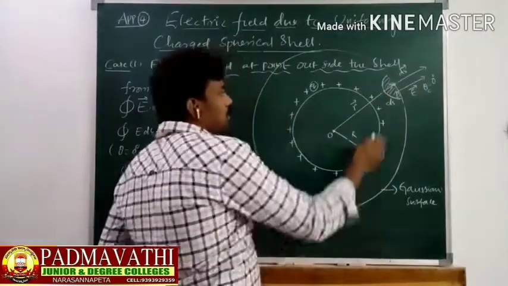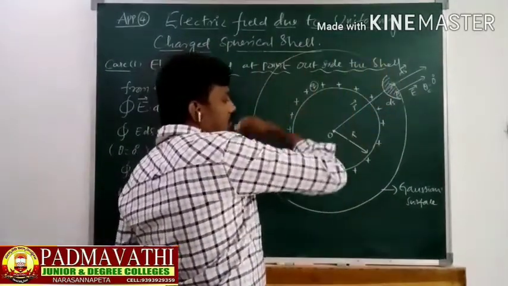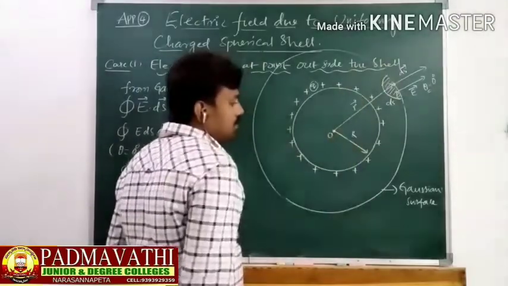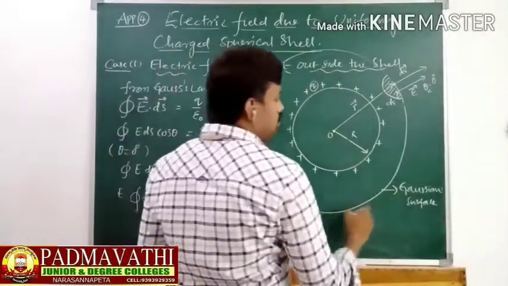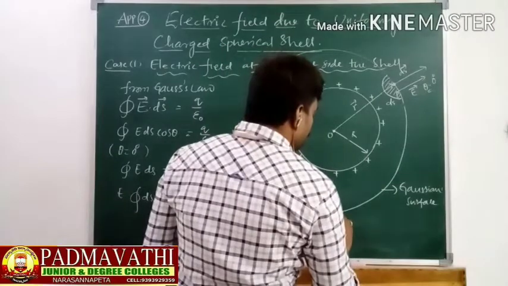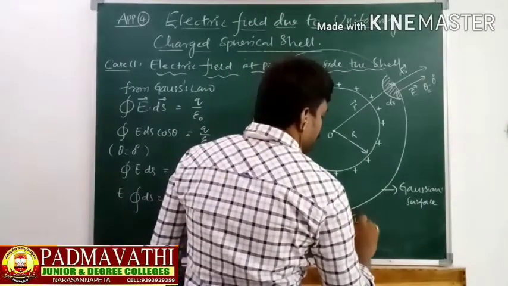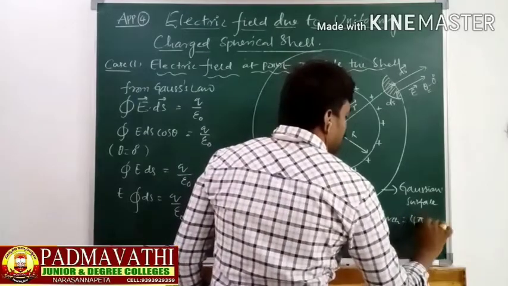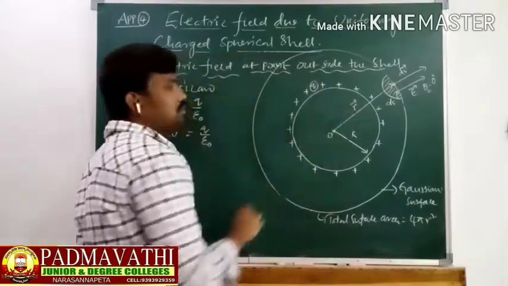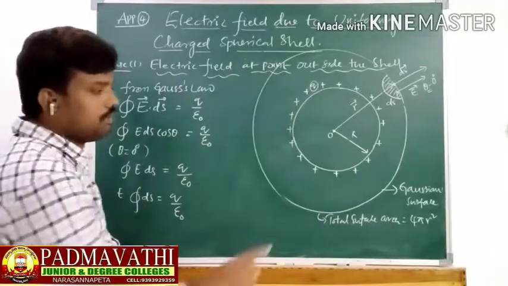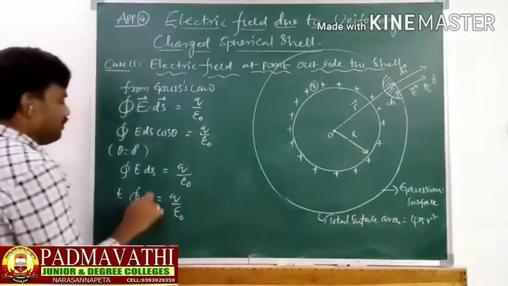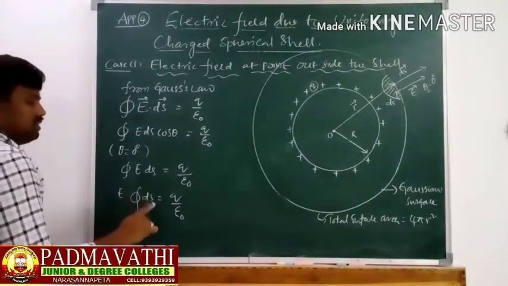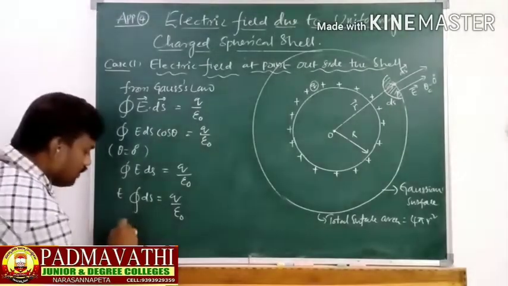If you want to denote the total surface area of the Gaussian sphere, the total surface area will be how much here? 4 pi small r square. Why? Because this is a sphere. The surface area of a sphere will be 4 pi r square. So in place of integral ds, that is the surface area of the Gaussian sphere, we write 4 pi r square.